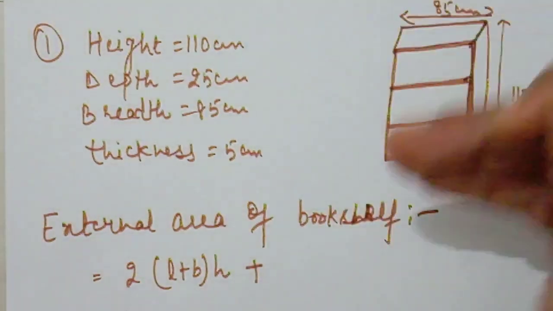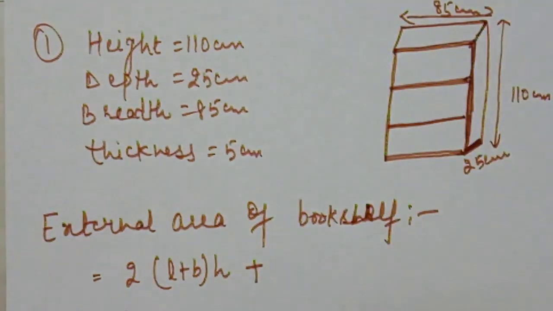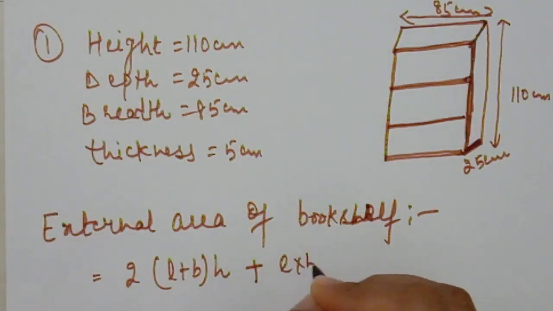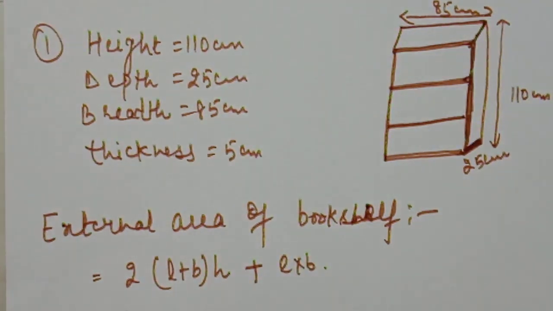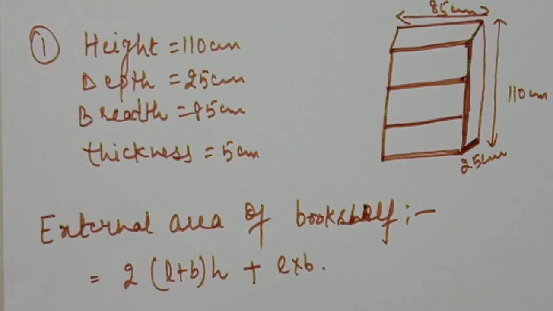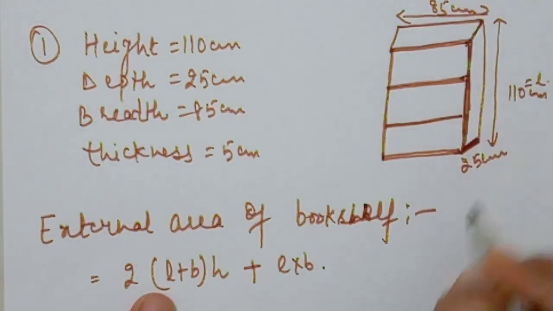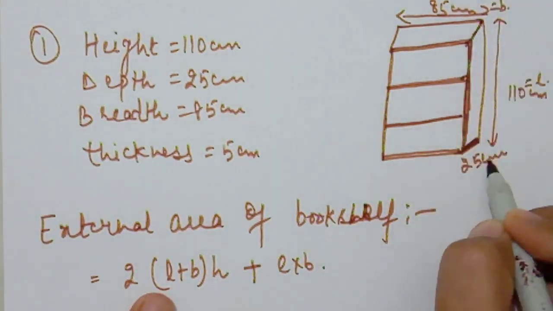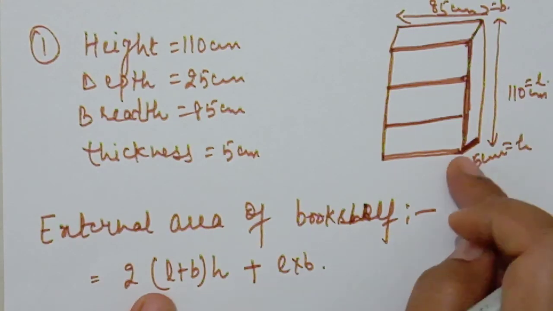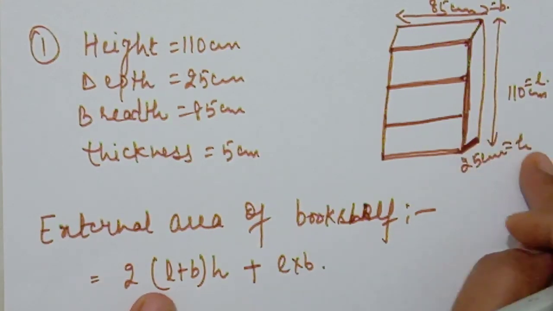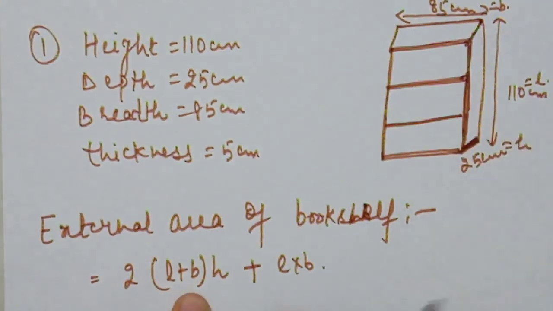Then we will add the back side of the shelf, which is L into B. Students, please do not confuse in this question, because I am taking this as the length, this as the breadth, and this as the height, where I am taking the depth of the almirah as the height.